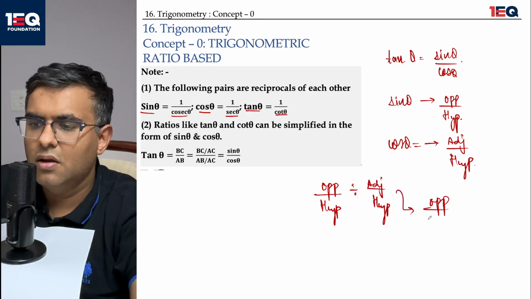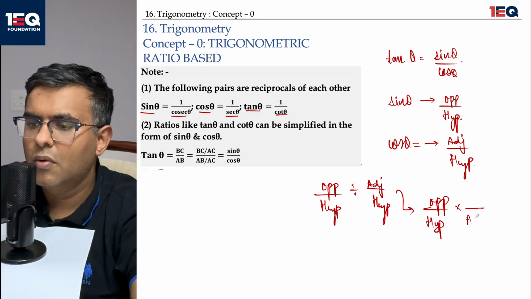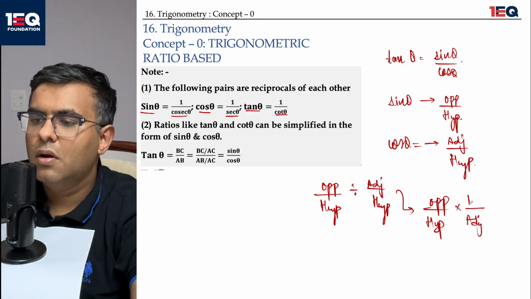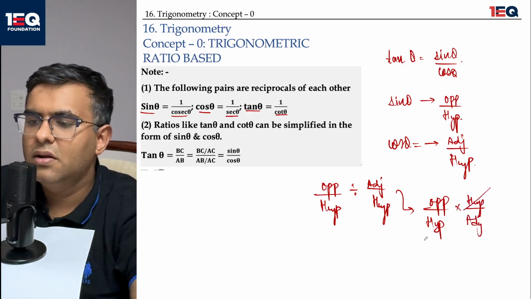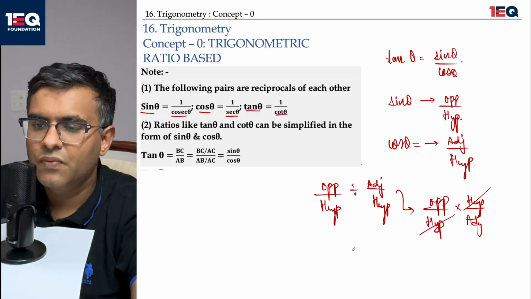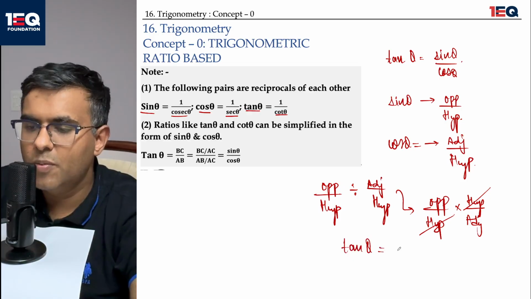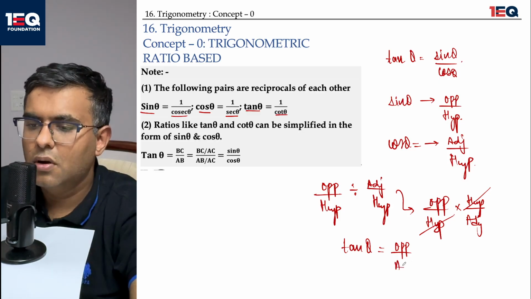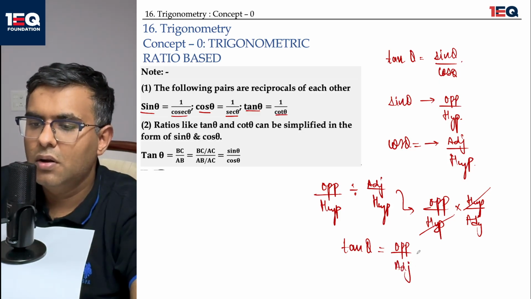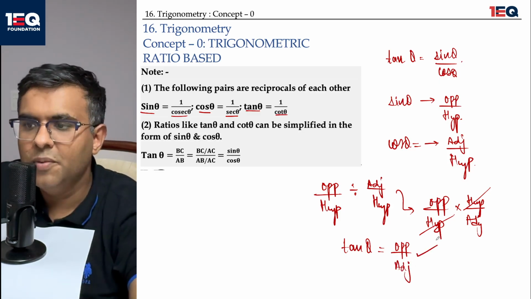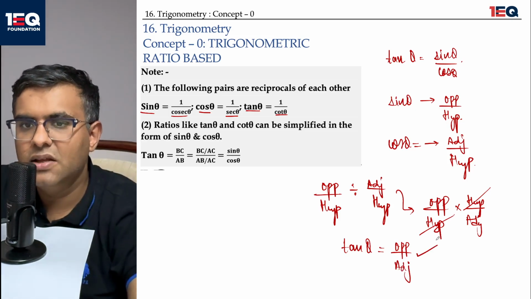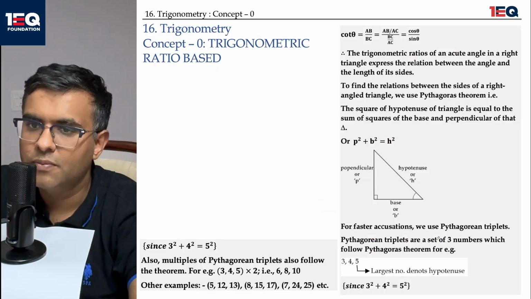If I use a reciprocal, these two would get cancelled out. So the value of tan theta would be given as opposite upon adjacent. Okay. So sine, cos, and tan are the only three things that you need to learn.